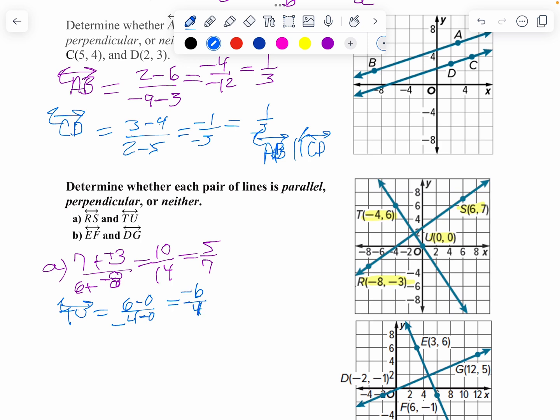I don't care where you put the negative sign. I always like to put it in the numerator. And you get negative 3 over 2. You can put it out front too if you want. Notice, they are not opposite reciprocals. So this answer is neither. Let's turn around and see what happens when we do letter B.